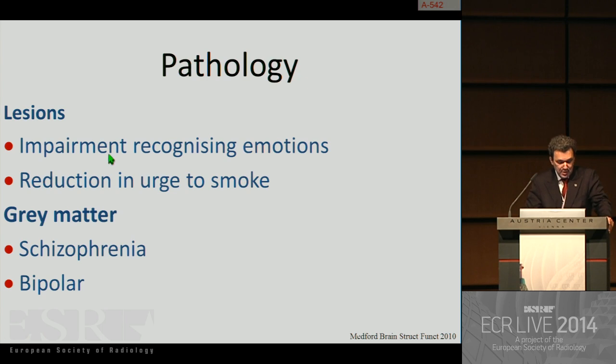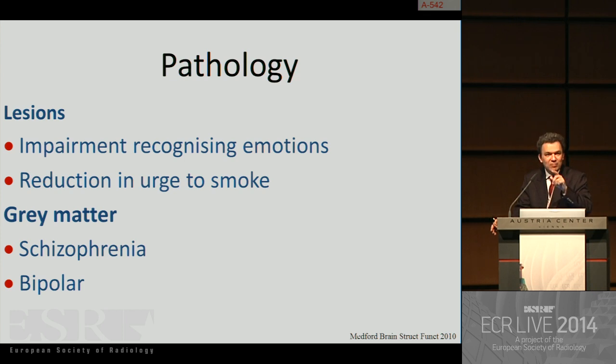In pathology, this is seen if you have a lesion, for instance, in certain parts of the insula, you can get an impairment of recognition of emotions. There was a mass murderer, and they made a study showing him some images of people in despair. They asked him, what do you feel? How do you interpret this image? And he said, no idea.